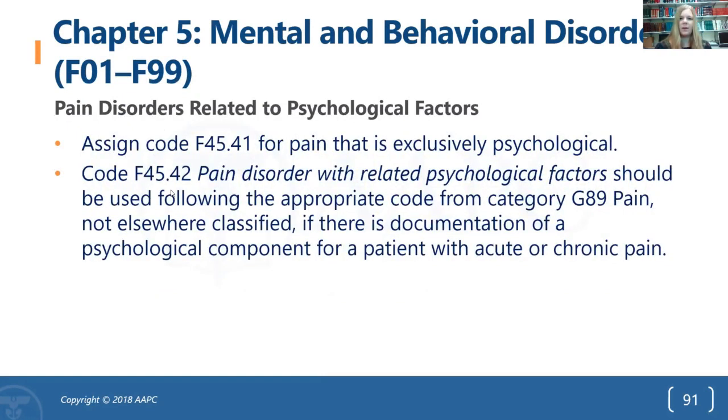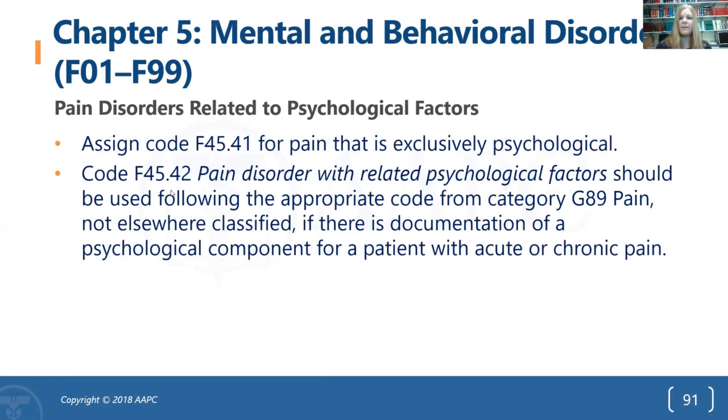Chapter 5, there are a few guidelines in this chapter that mostly focus on pain disorders related to psychological factors. In ICD-10-CM, guidelines indicate to assign the code F45.41 for pain that is exclusively psychological.